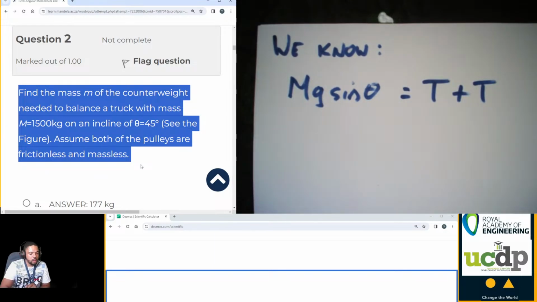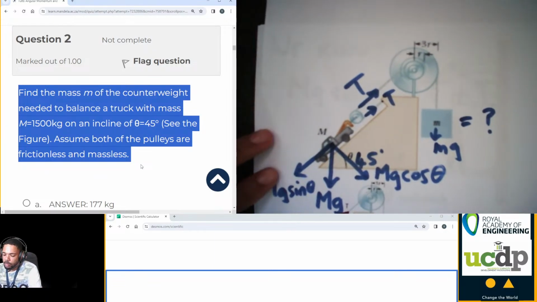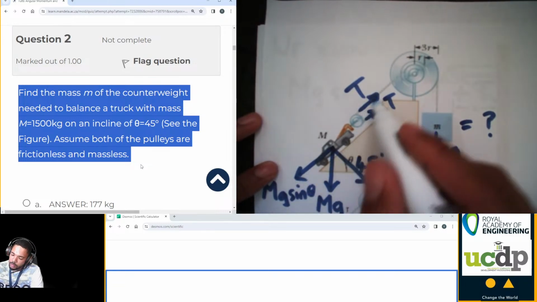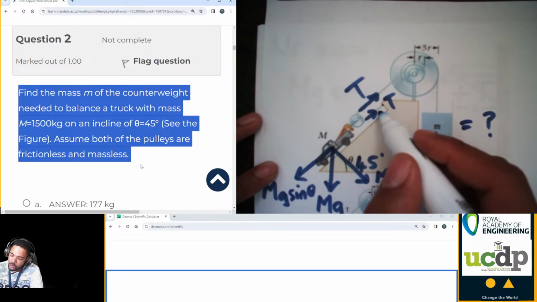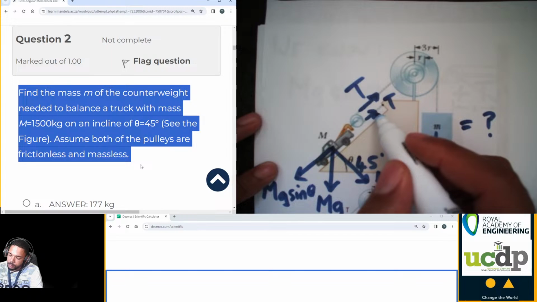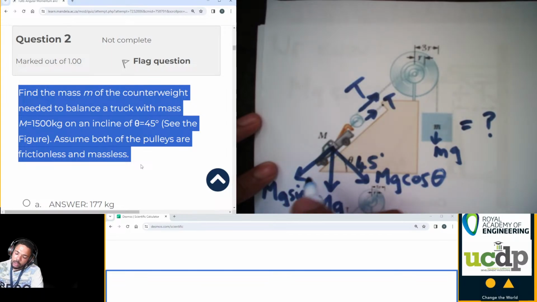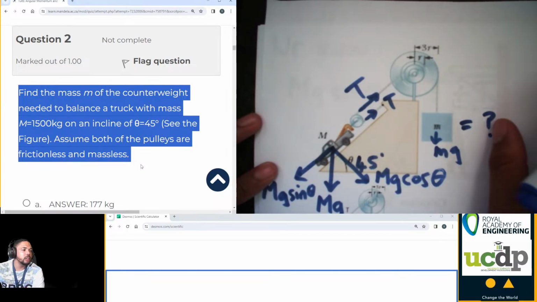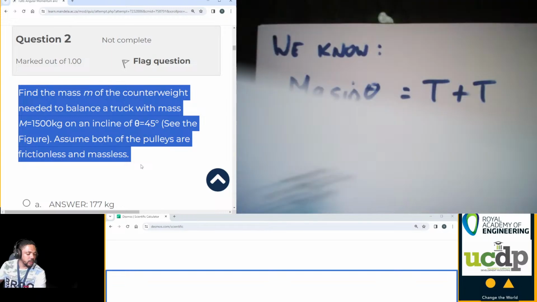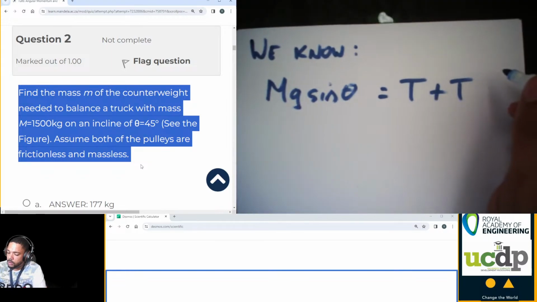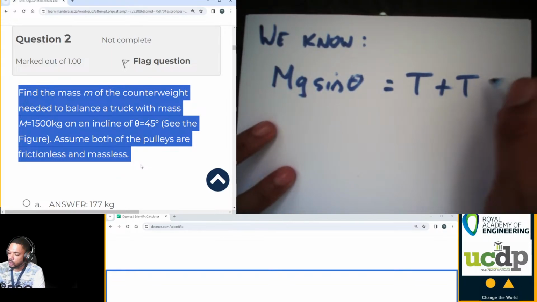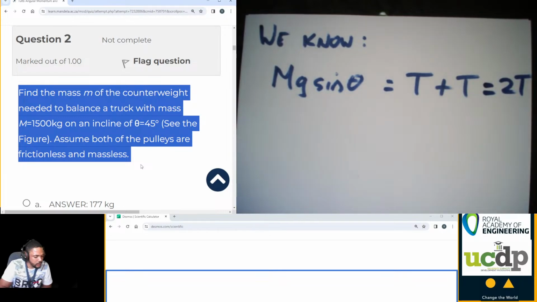Those are all the forces acting in the parallel direction. And T plus T is just 2T, you can write it as 2T.